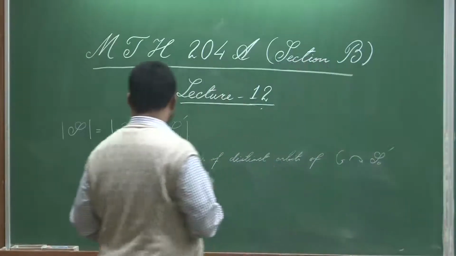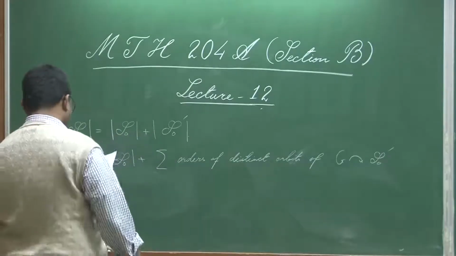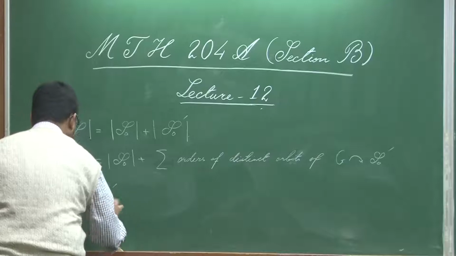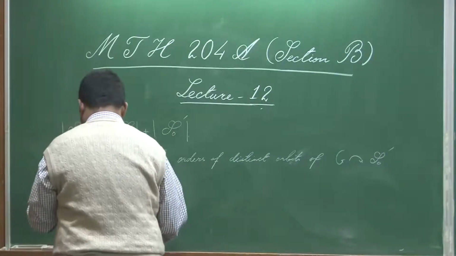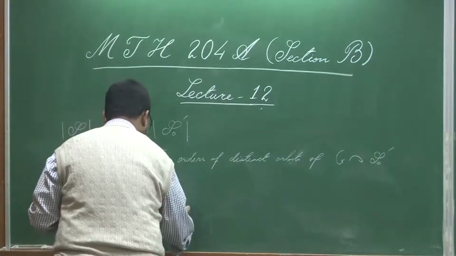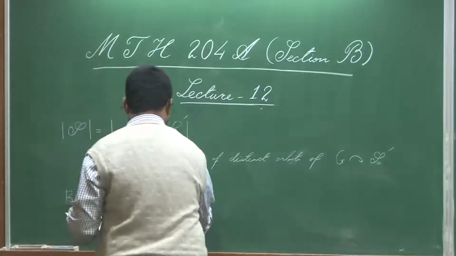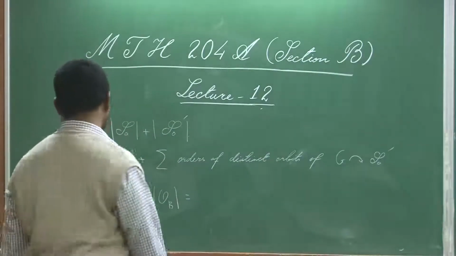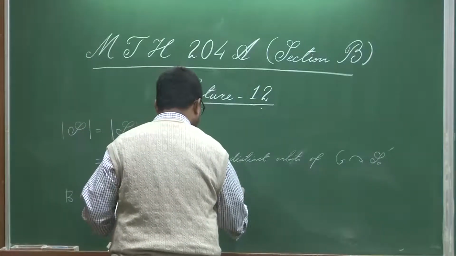Okay. Now, look at a non-trivial orbit under this action. So, let B prime be here. Now consider the order of the orbit of this B. Certainly, this will be the order of G divided by the order of the stabilizer. Now, the order of G is p to the power k m.